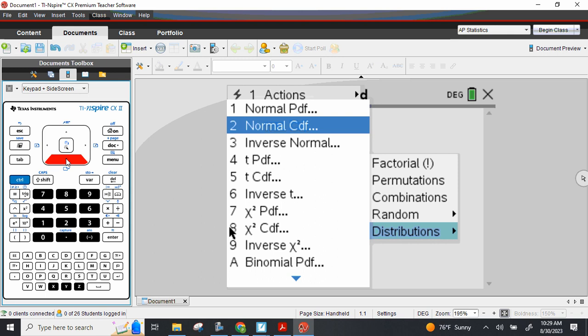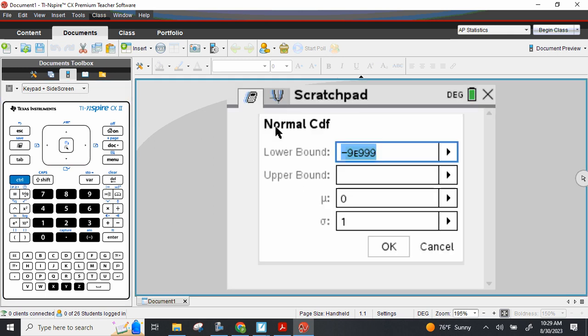We'll never use it. It's weird. I don't even quite wrap my brain around what's going on there, but it gives you a value at that value, not an area, which is not useful. So what we want is normal CDF. Now, our lower bound. Let's talk about this.